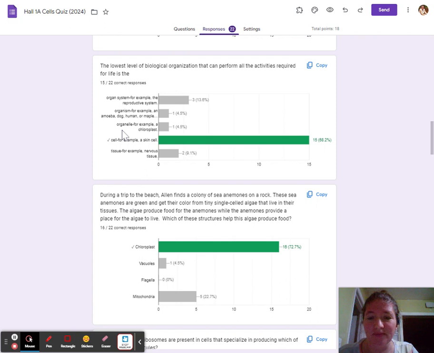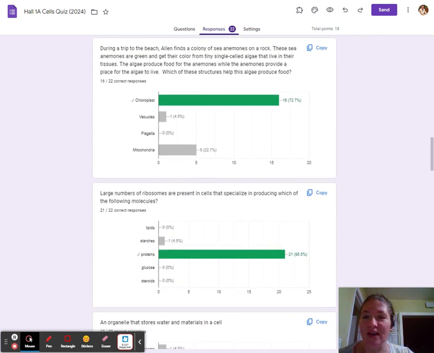The organelle, now we're getting too small. That's smaller than a cell, and individual organelles can't function on their own. And tissues are a collection of cells. Again, cell is going to be the smallest that can still do all of the activities. Once we get any smaller than a cell, we start not being able to do some of the activities.